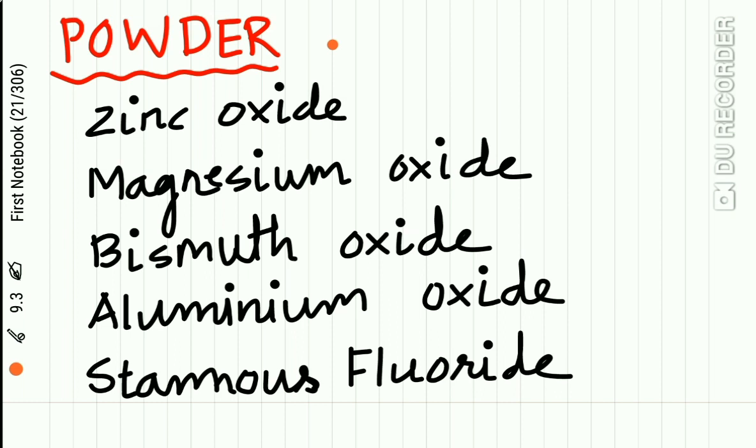The powder consists of zinc oxide, which is the principal ingredient, then magnesium oxide, which acts as a modifier and aids in the sintering process, then bismuth oxide, and aluminium oxide is available in small amount, and stannous fluoride is present, which increases the strength, modifies the setting time, and shows the anti-cariogenic property.